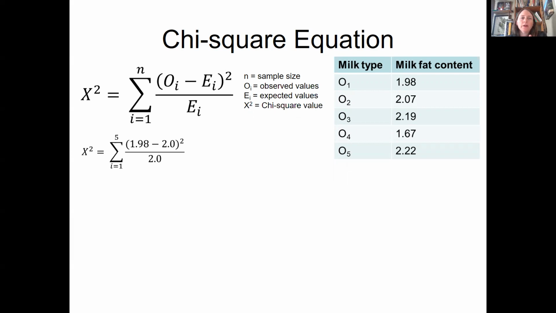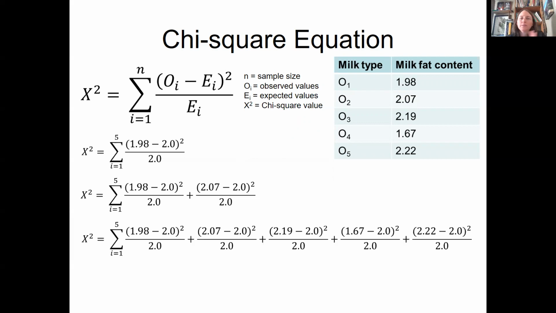Okay, so chi square equals the sum from I equals 1 to 5, and we'll take the first value. The first value, O sub I, is 1.98 minus 2, squared, divided by 2. Then we add the next one, 2.07 minus 2, squared, divided by 2. And then we keep doing that: plus 2.19 minus 2, squared, divided by 2, plus 1.67 minus 2, squared, divided by 2, plus 2.22 minus 2, squared, divided by 2.